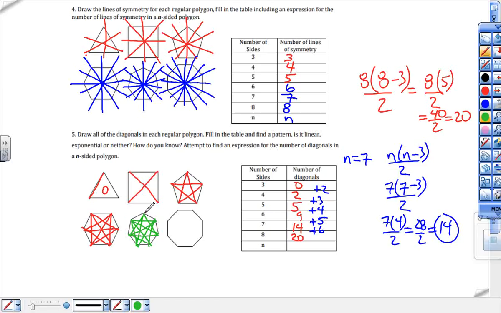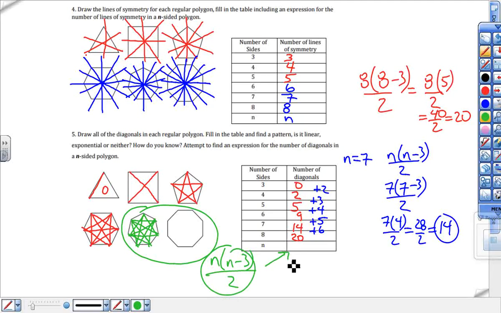So these bigger ones, it's best to use that formula n times n minus 3 divided by 2. And then again, that formula will go right here. N times n minus 3 divided by 2. Alright, next page.